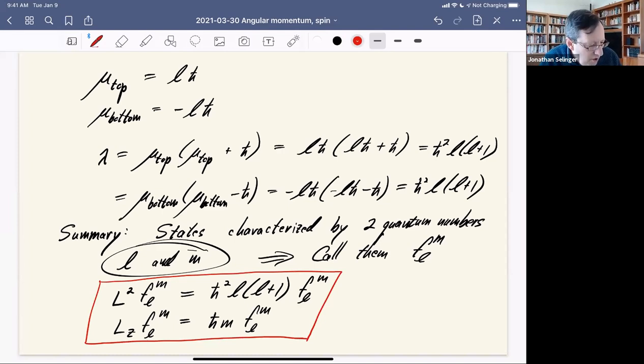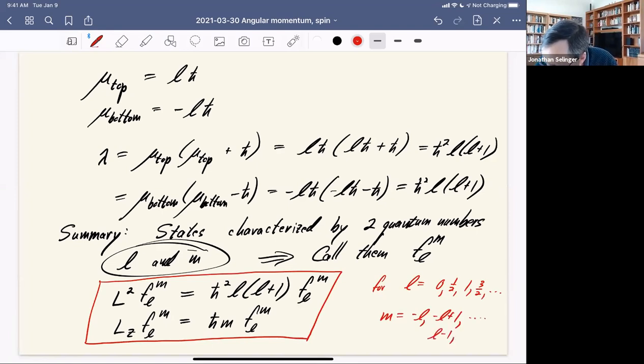And all of this is for L equals 0, 1/2, 1, 3/2, etc., integer or half integer. And M is minus L, minus L plus 1, up to L minus 1, up to L. So these are the eigenvalue relationships.